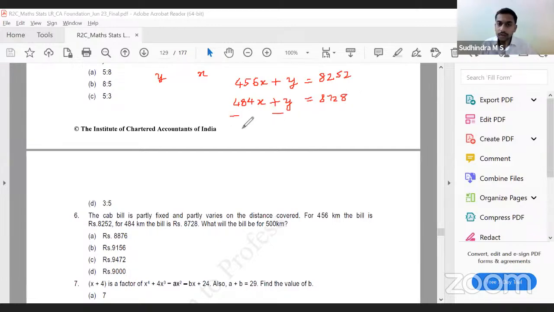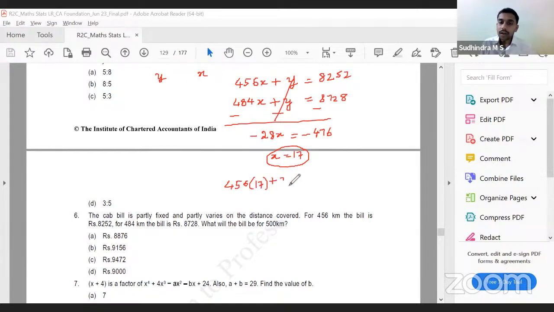Solve the equation. 484 minus 456, we get 28x is equal to 8728 minus 8252, which is 476. So x will be 476 by 28, which is 17. If x is 17, substitute x as 17 in any of the equations. 456 into 17 plus y is equal to 8252.